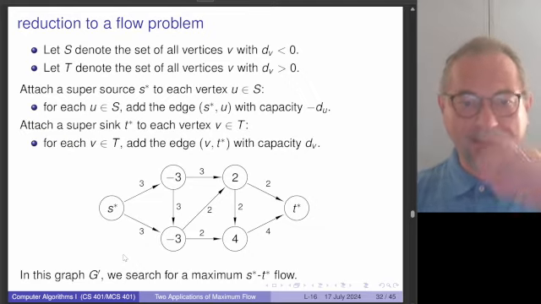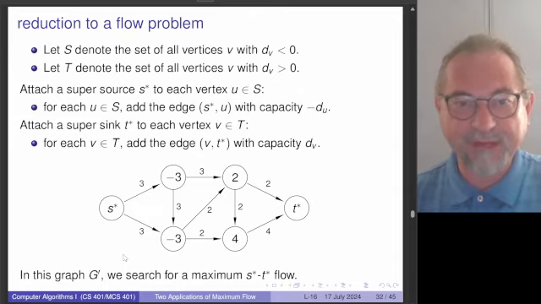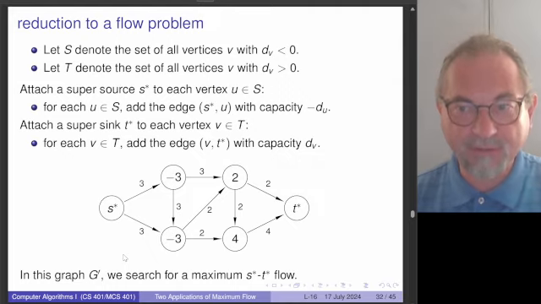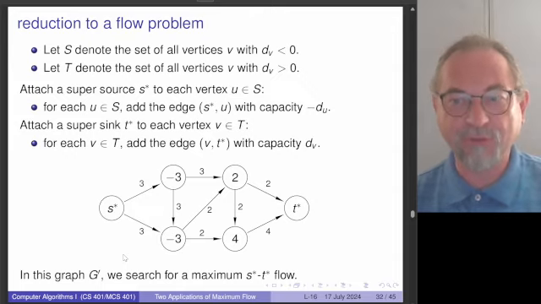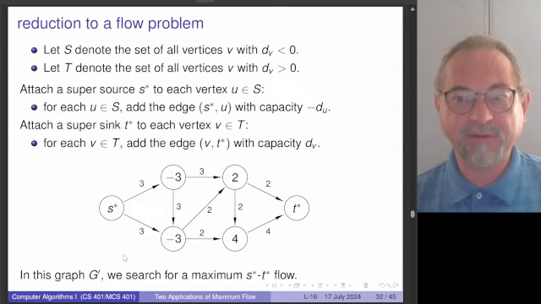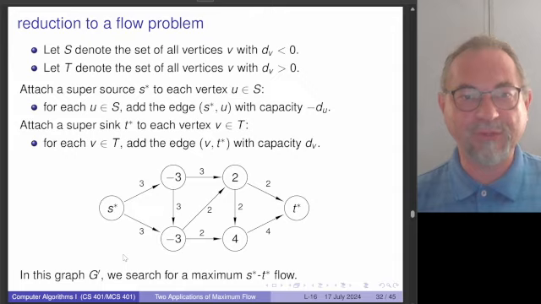Okay, and this resembles a graph which we also used in the first part of the lecture, for the maximum flow. So we have a unique source, we have a unique sink.